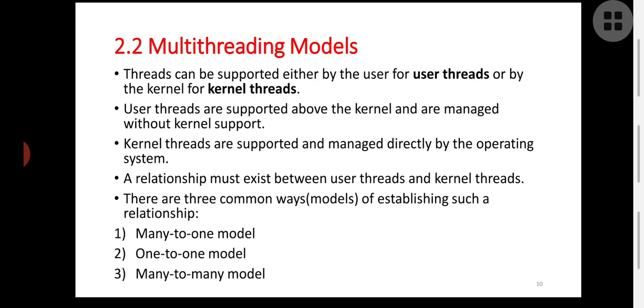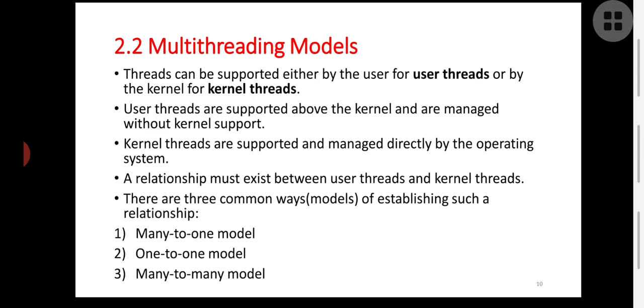The threads supported and managed by the users are called user threads, with no intervention of the kernel. But kernel threads are supported and managed directly by the kernel or operating system, with no intervention of users.